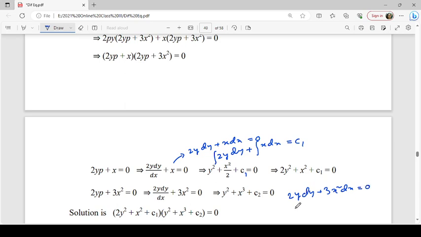So the solution is the integration of 2y dy plus the integration of 3x² dx equal to c2. So this is y², this is x³, and this is c2. So y² + x³ + c2 = 0. This is the first solution, this is the second solution, and their product is the general solution.